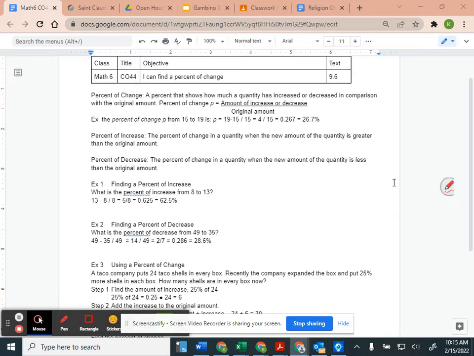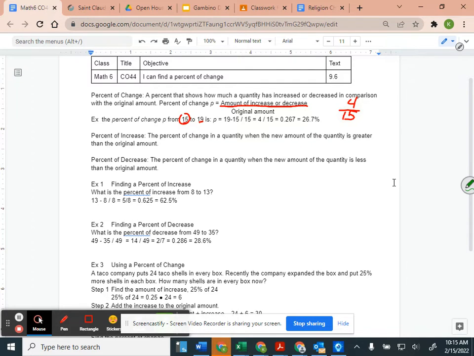So if our percent of change went from 15 to 19, we want to find what that increase or decrease is. So 19 minus 15 gives us 4. And then we put it over the original amount. The original amount was 15. So we have 4 15ths.